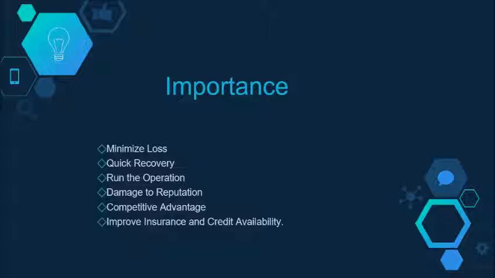In addition, most companies don't follow a proper contingency plan, so if a company builds and follows a proper contingency plan, then that company will definitely gain some competitive advantages over other companies. Lastly, a proper contingency plan can improve insurance and credit availability of a company, as they have less demanding time getting insurance and credit than those that do not have the contingency plan.